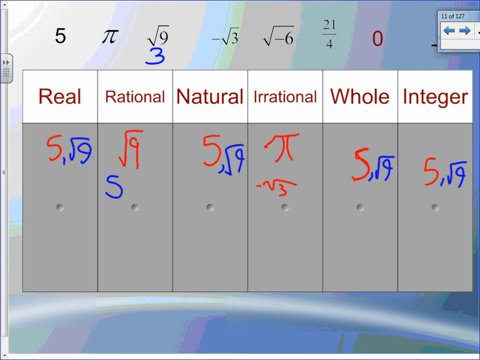DJ. It could be a real number. What do you think? Do you guys agree with DJ? Is the negative square root of 3 real? Please raise your hand. Brendan? Yes. Anyone disagree? Maggie, you disagree?